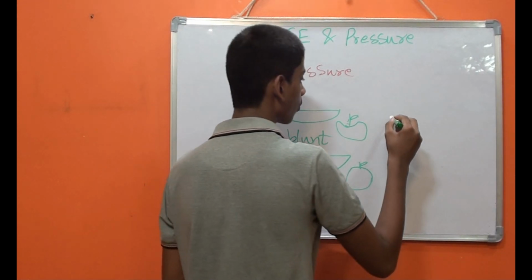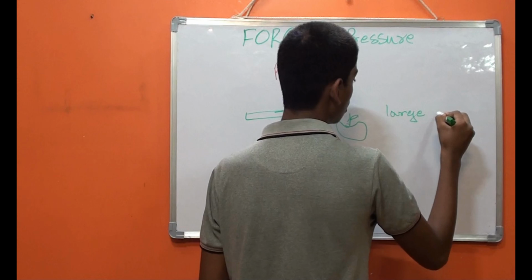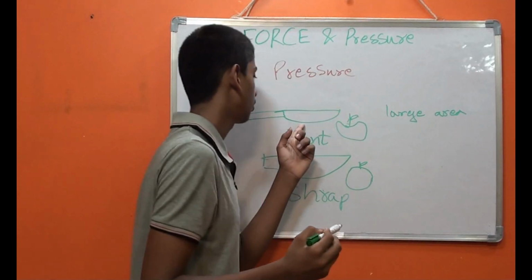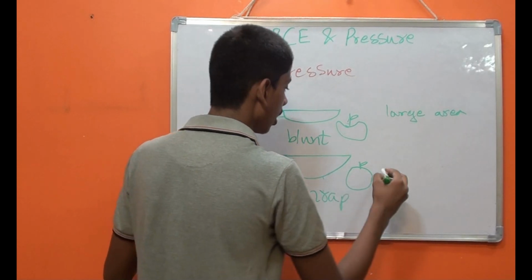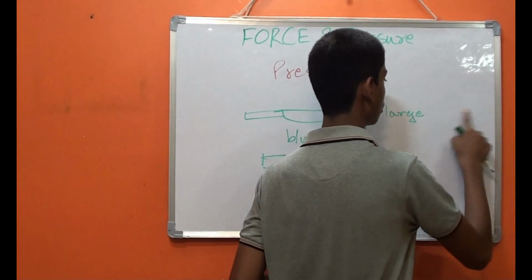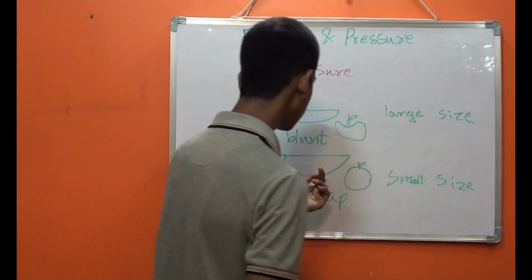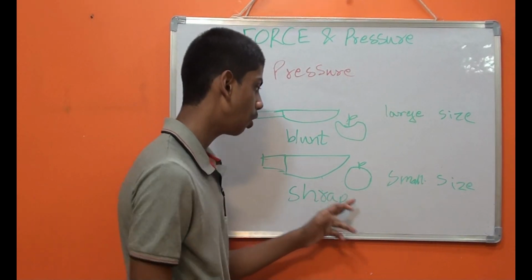The blunt knife has a large area. This side it has some thickness, but this has a small area. Smaller. Now it has very little thickness. Now it can cut the orange easily.